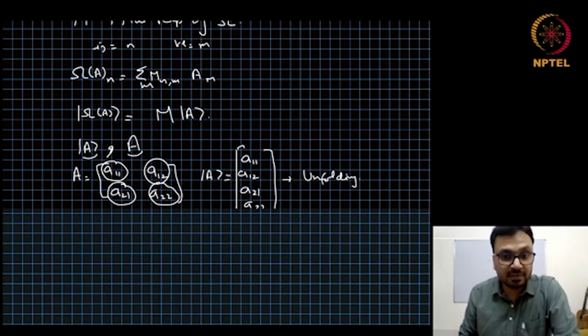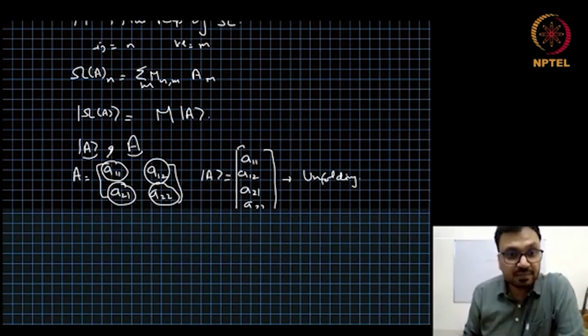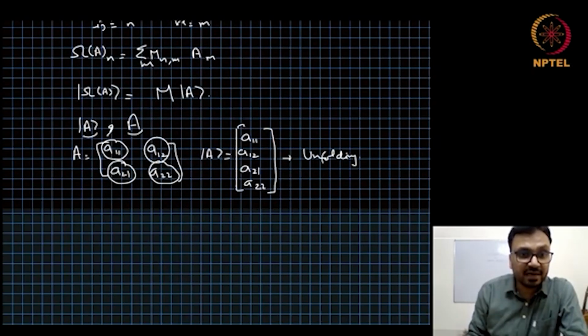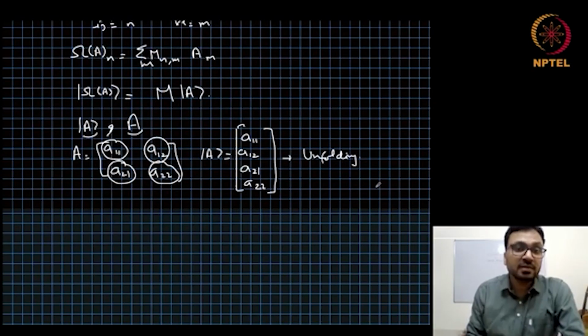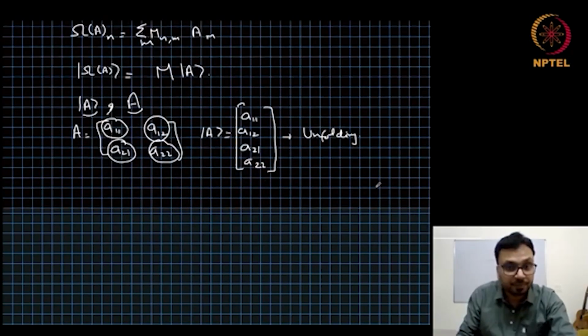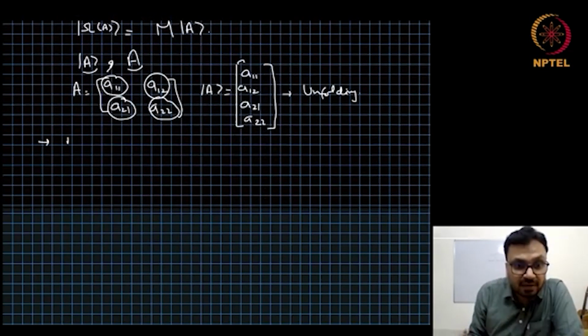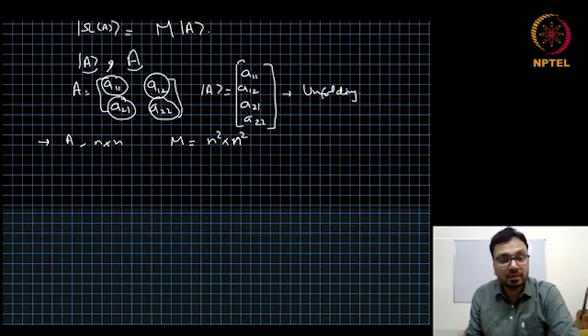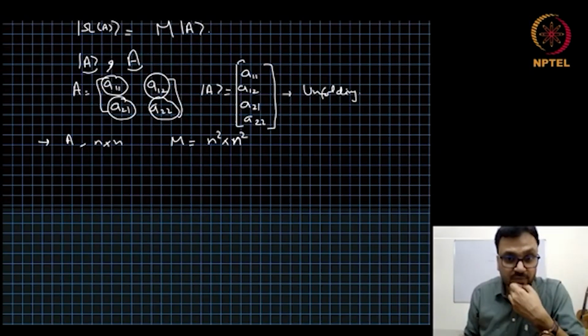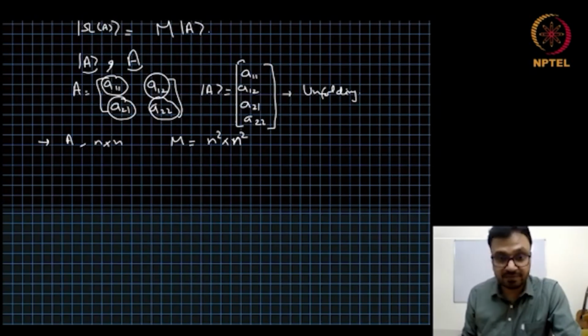In the literature, it might be known by many other names. In a similar fashion, we can unfold the omega A matrix, and we get the vector omega A, and then the transformation connecting these two vectors will be represented by a matrix M. So if A is an n by n matrix, then M will be an n square by n square matrix, because it's mapping a set of operators to itself. But if it were mapping between different sets, then this matrix can be different.